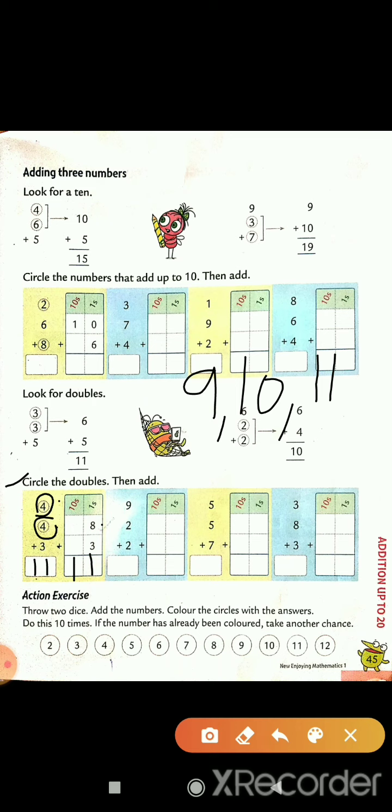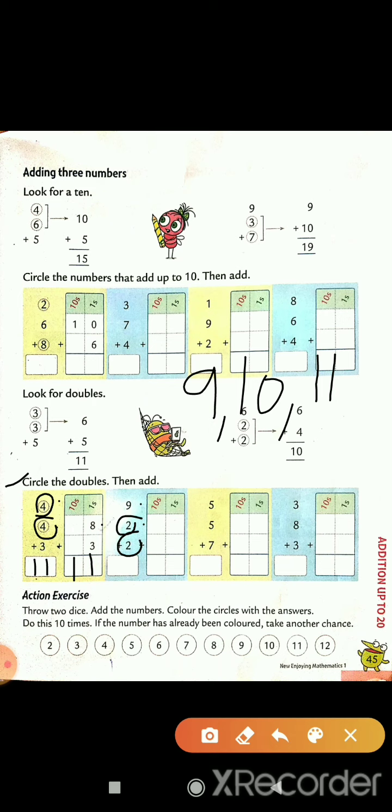Got it, students? Students, you can also add by counting them together, by counting the lines. Whichever method you find easier, you can count with that method. Next, 9, 2 and 2. Circle the doubles. 2.